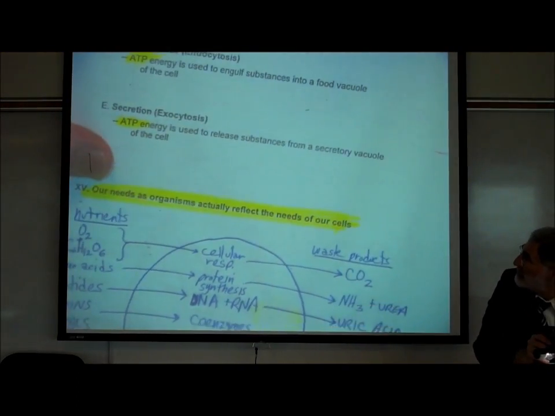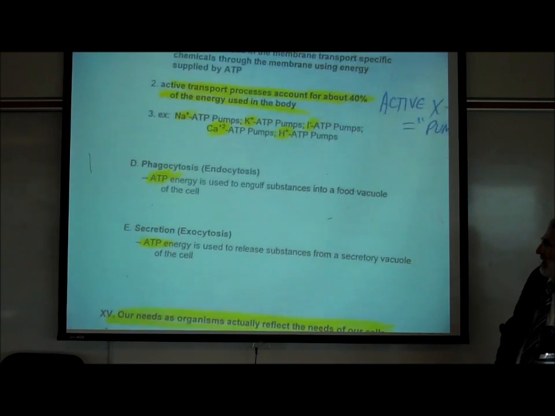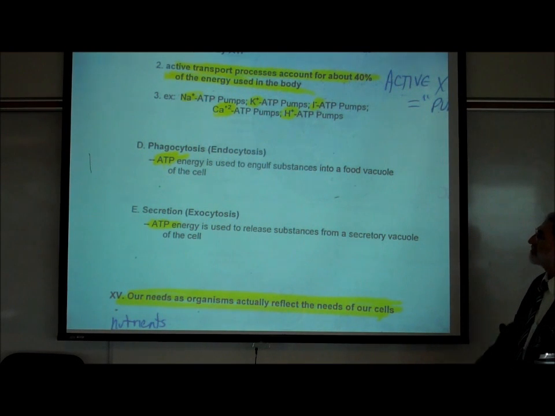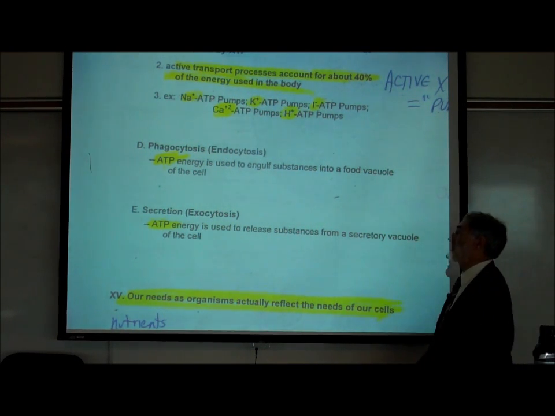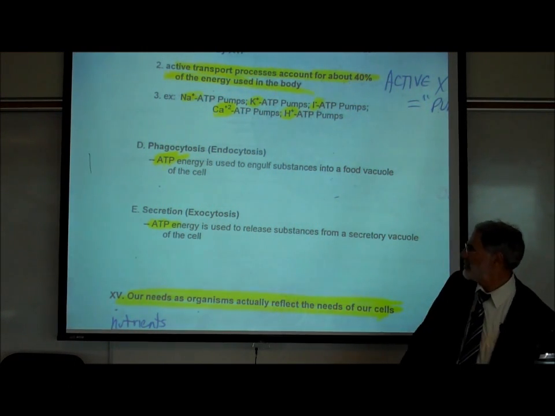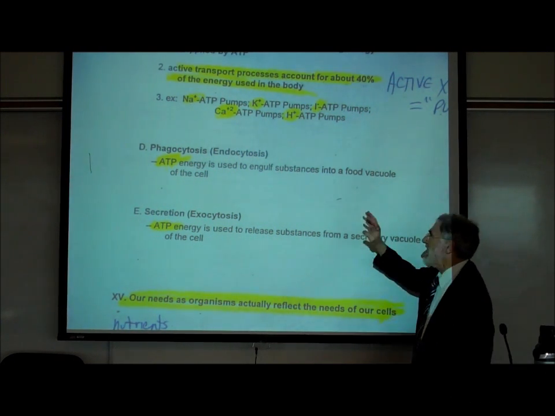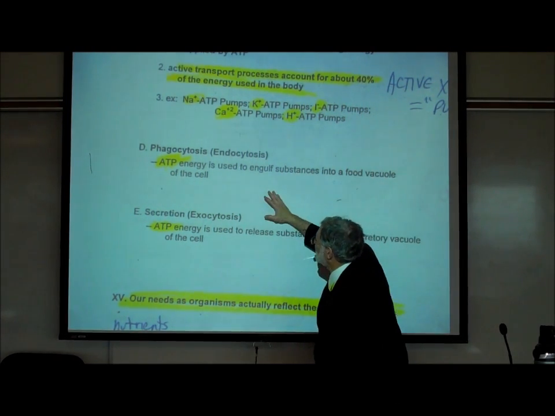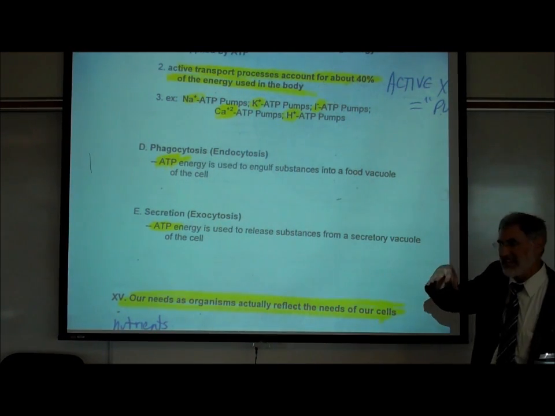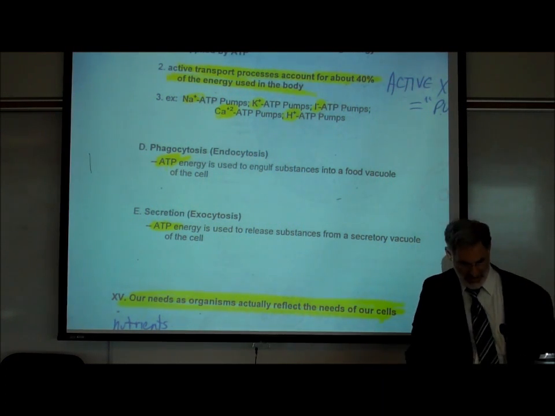now as we wrap up as far as how things get in or out of the cell, two last ways that things can get into or out of a cell. Phagocytosis, also known as endocytosis, and letter E, secretion, also known as exocytosis. In both cases, ATP energy is needed either to bring something into the cell or to take something out of the cell, because it involves a change in the shape of the cell membrane.